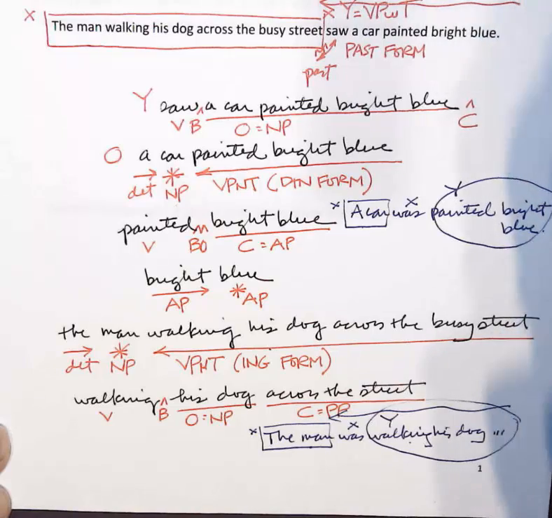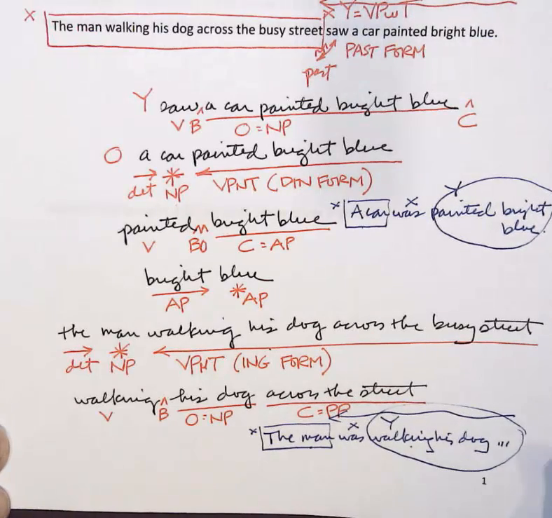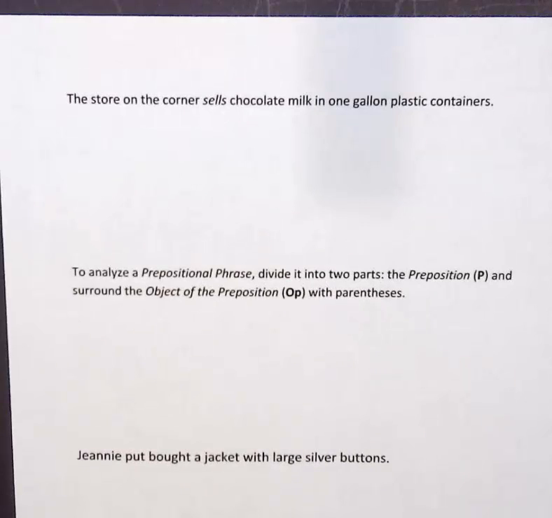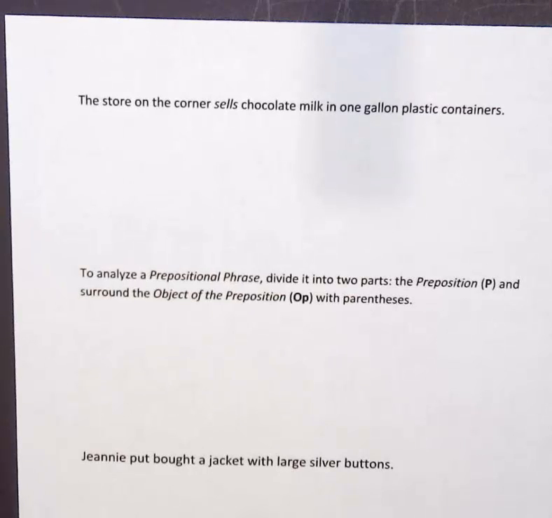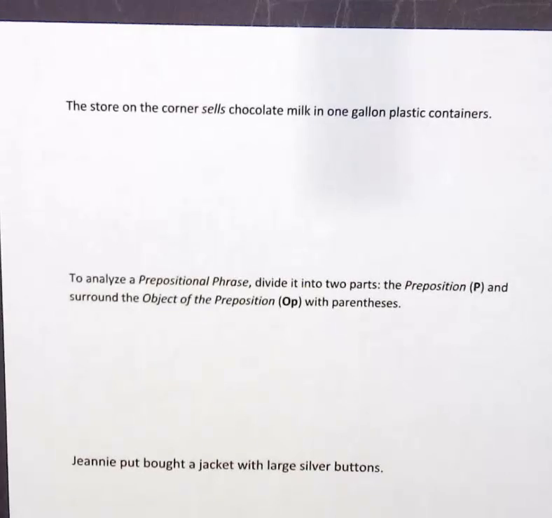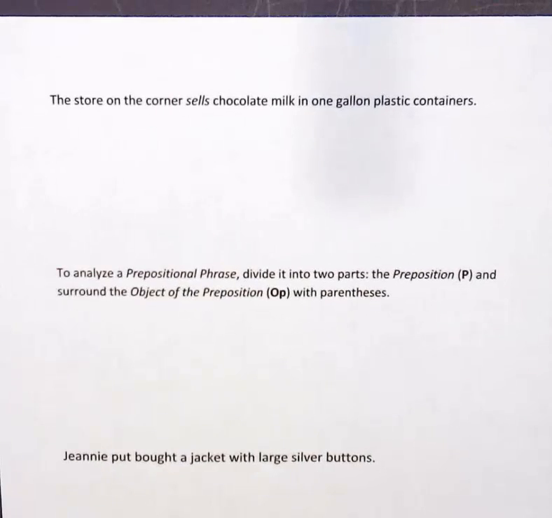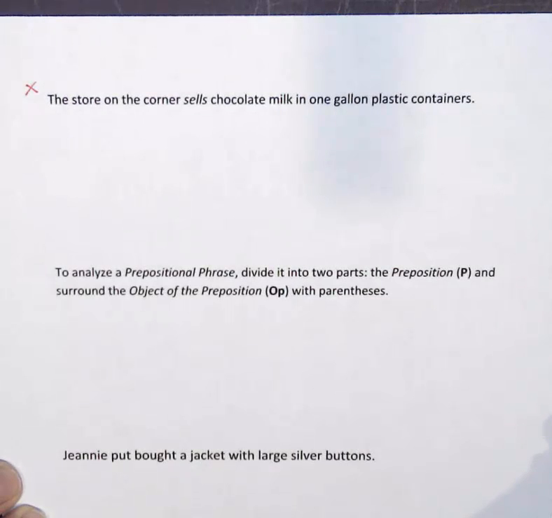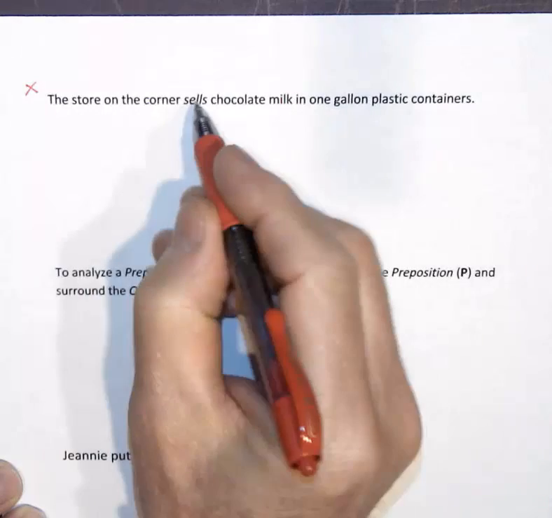So we saw that verb phrases with no time can be used as modifiers. Let's take another look at a different sentence. The store on the corner sells chocolate milk in 1-gallon plastic containers. Does the store on the corner sell chocolate milk in 1-gallon plastic containers?